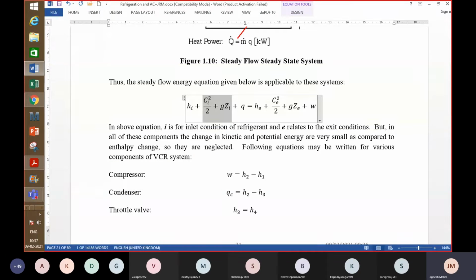And what about the heat? It is already told that these devices are compact devices, fast moving machines. They don't provide very large surface area, though it may be desirable that they reject heat at whatever rates possible.